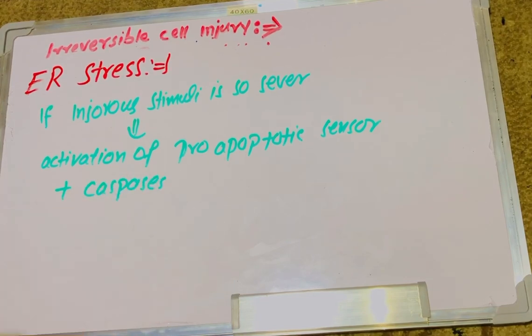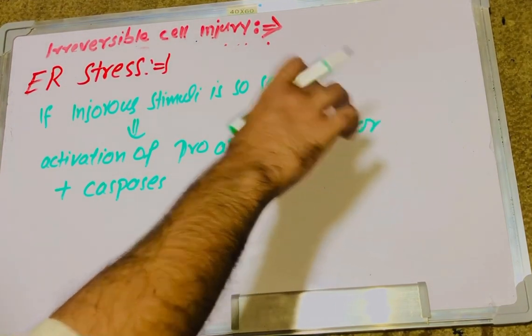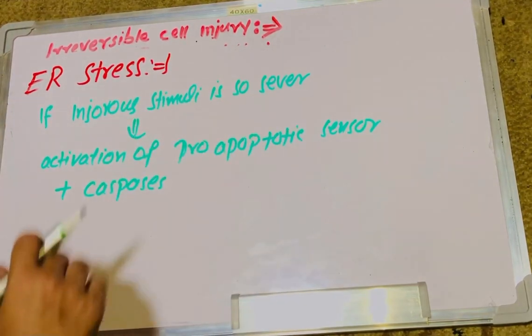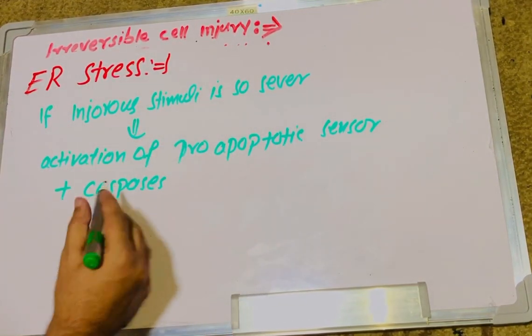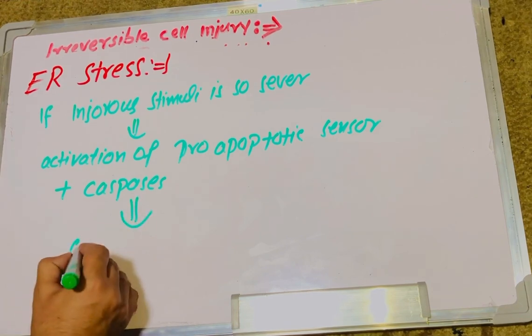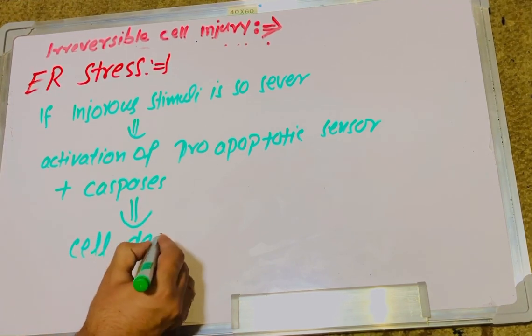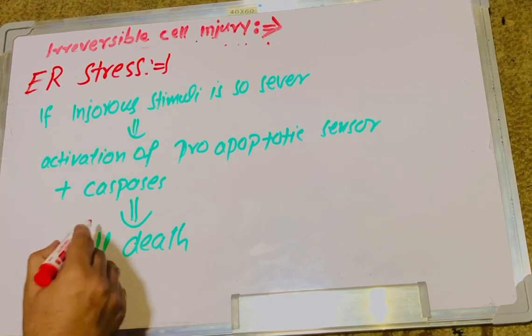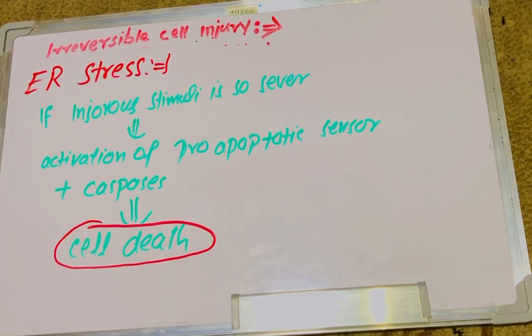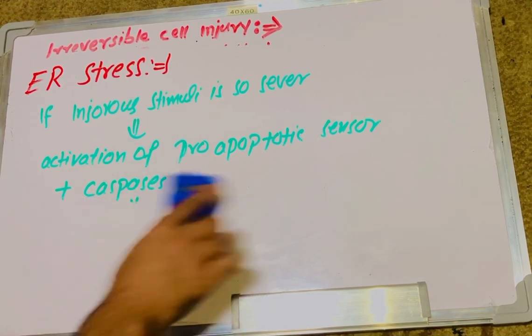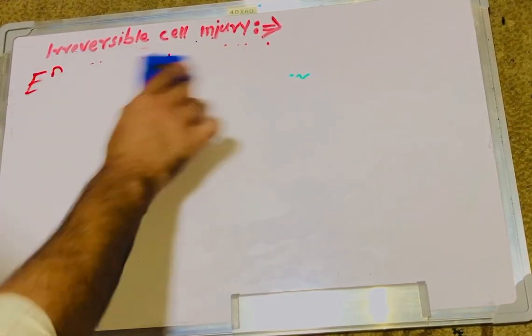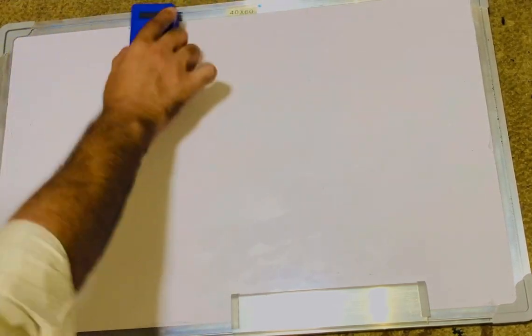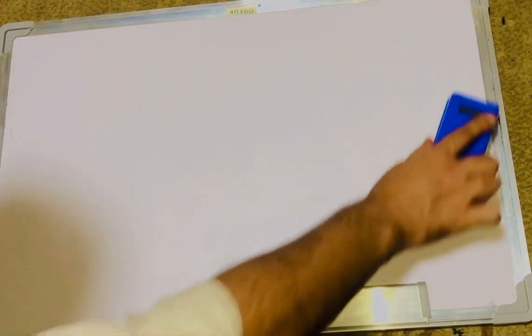Pro-apoptotic sensors will be discussed in apoptosis. Now just believe me that it will lead to cell death. So what is meant by this? Irreversible injury leads to the death of the cell. And cell death is of two types: one is necrosis and the other is apoptosis. We will discuss cell death in the next upcoming videos.